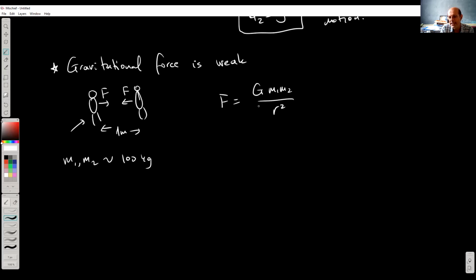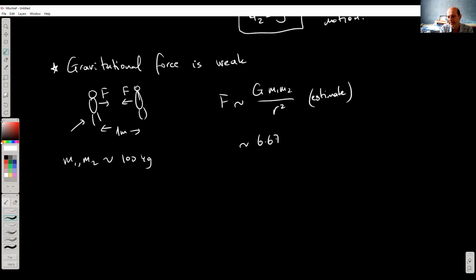I can use this expression, but since these are not spherical objects and R is not really the distance between their centers, this only gives me an order of magnitude estimate of the actual force. It's just an estimate of the force between these two.